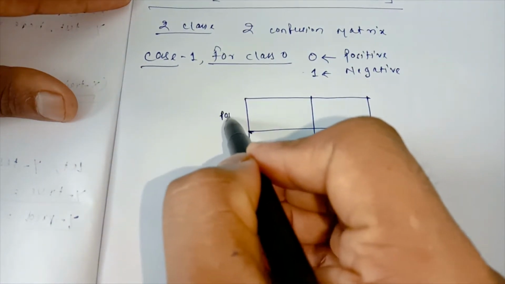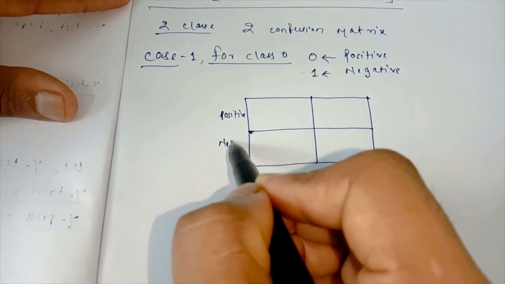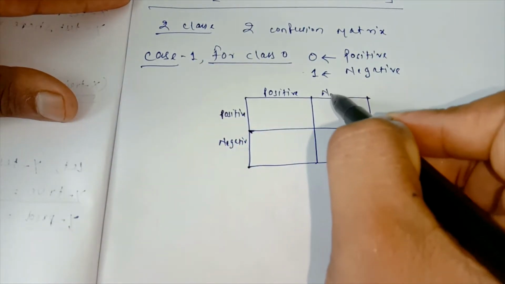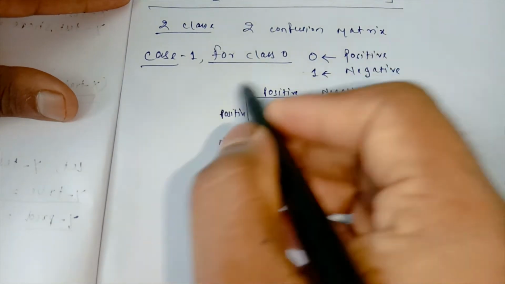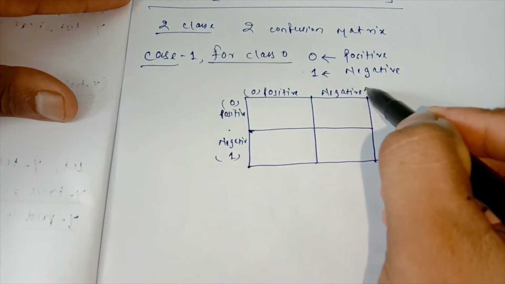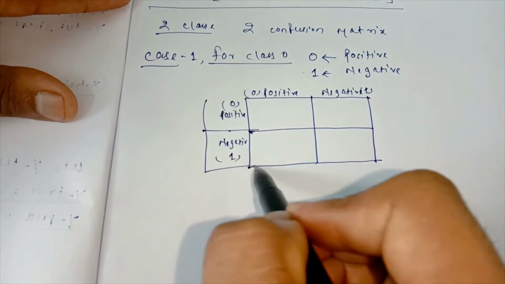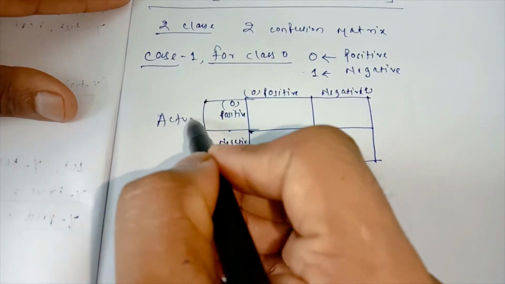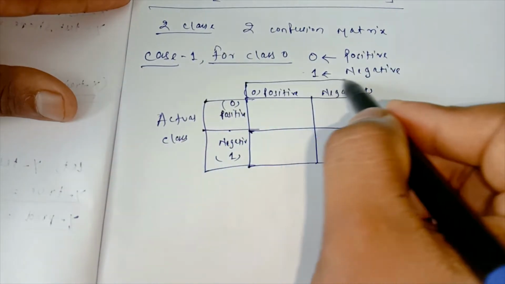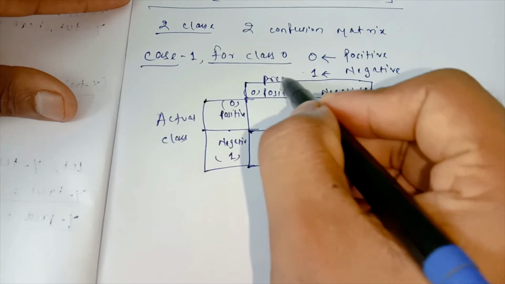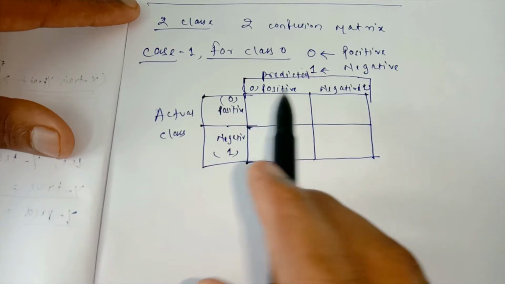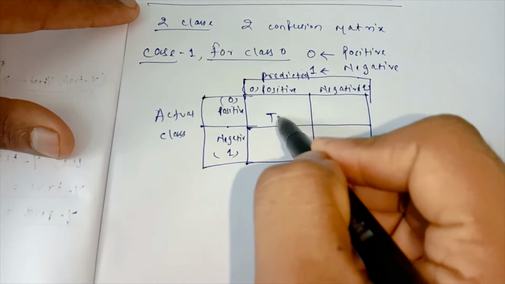This is positive, negative. Here I told you 0 is positive, 1 is negative. This side, as you all know, is the actual class label, and this is the predicted class label. Actual positive, predicted positive is true positive.